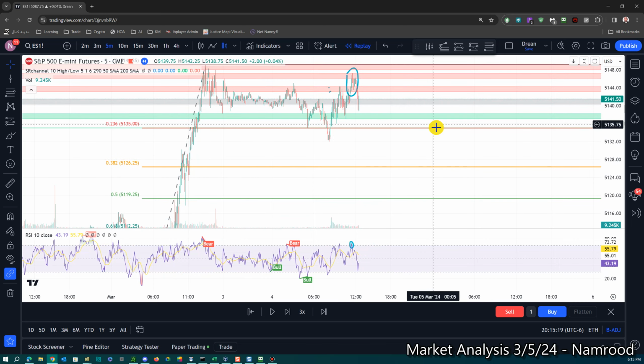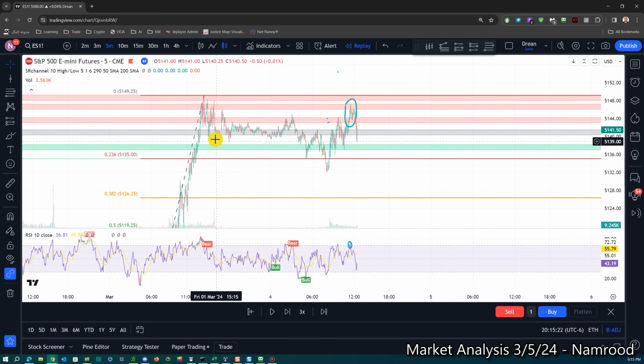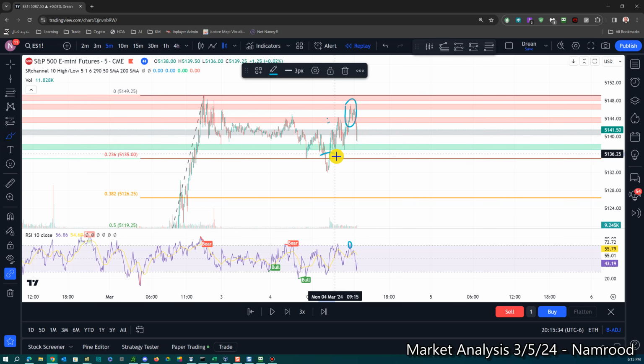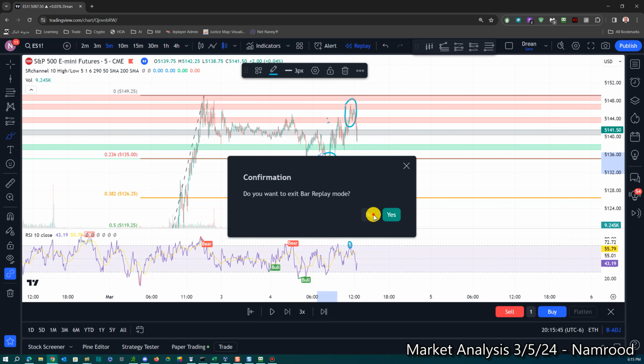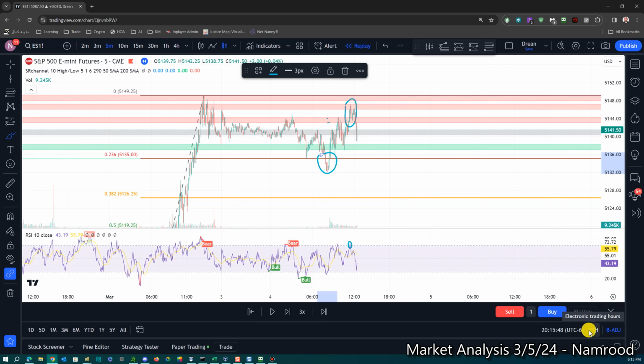But anyway, if we are considering this big spike that started on Friday, March 1st, and we are building up our fib levels based on this price spike, we will find that we've been all the time still in that area, and we have only tested the 23.6 level here on 4th of March.